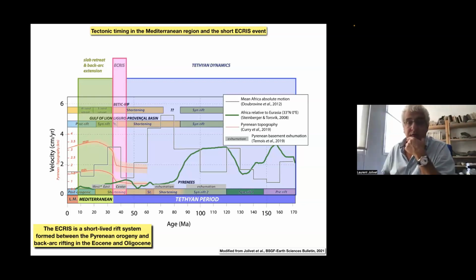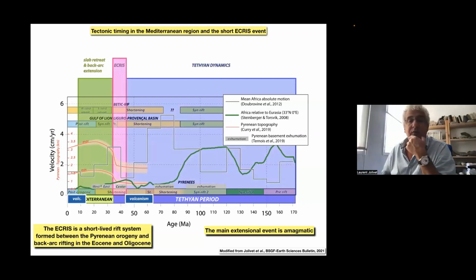The European rifting period takes place just at the end of the Tethyan period and just before the Mediterranean period. This short event, and you see the magmatism, the volcanism, is mostly before and after the rifting period. So the main extensional event is amagmatic.